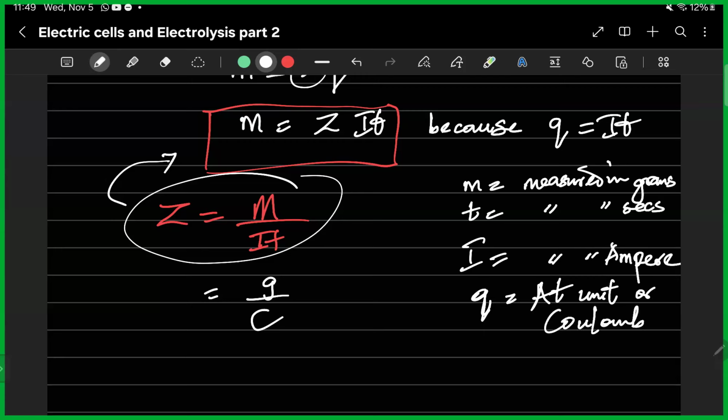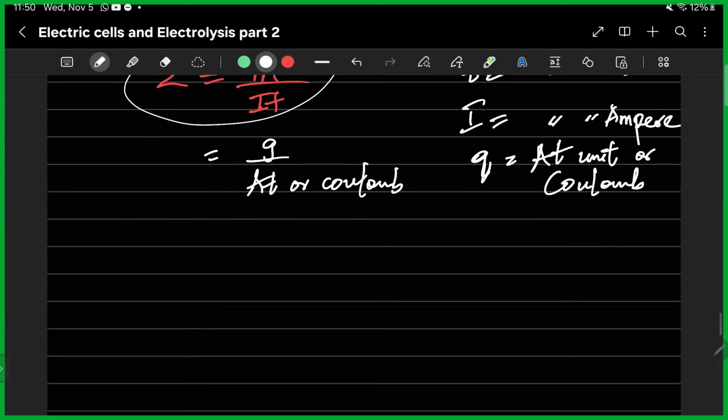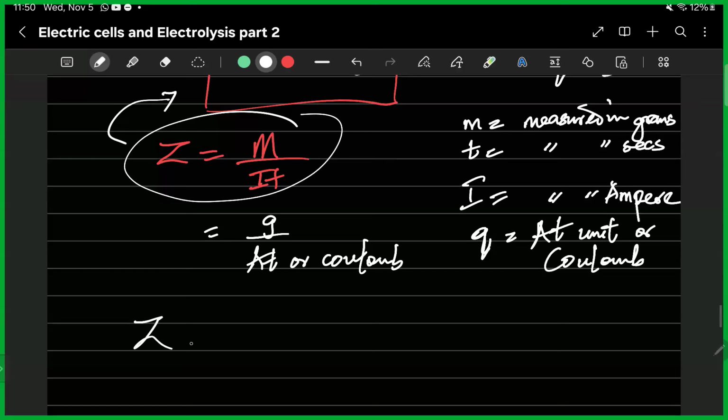So down here, we could have had either ampere times time or coulomb. But most popularly we say, okay, Z is measured in gram per coulomb.